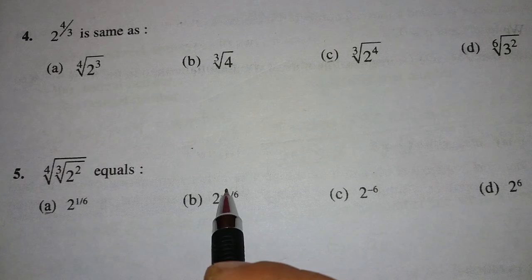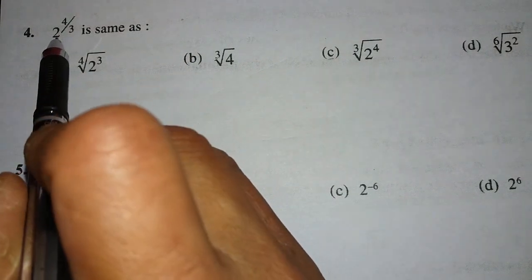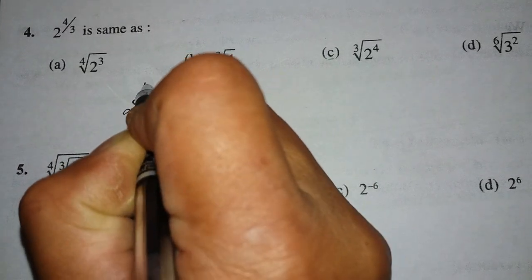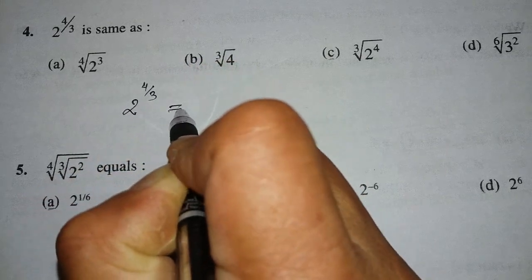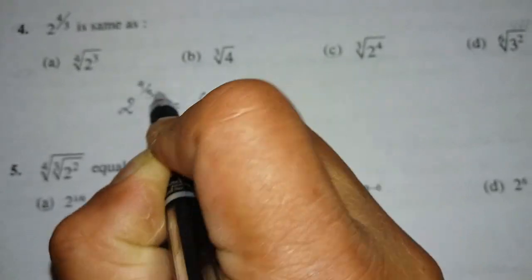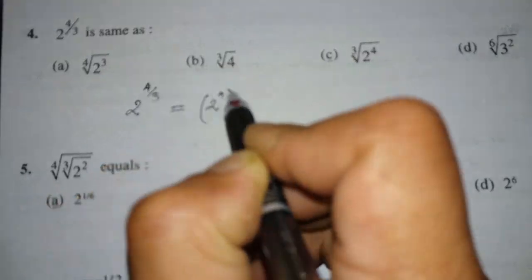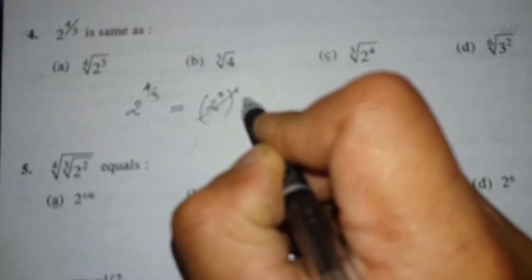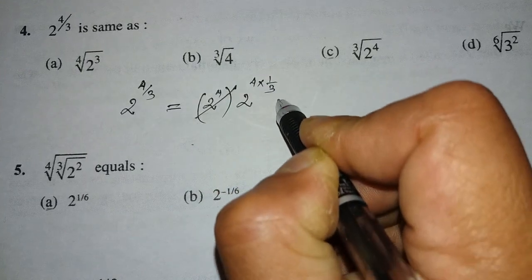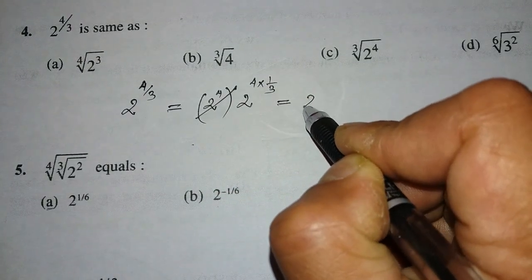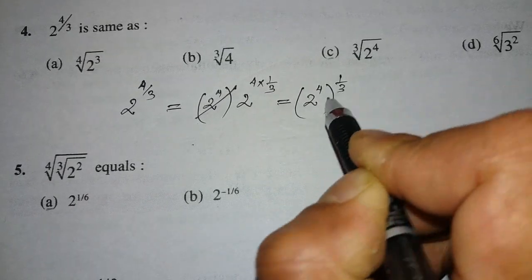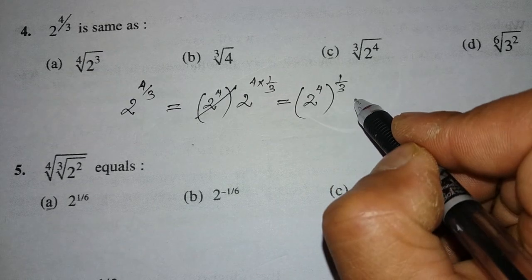Now let's move on to the next question. The next question is 2 raised to the power 4 by 3. This can be written as 2 to the power 4 into 1 by 3.